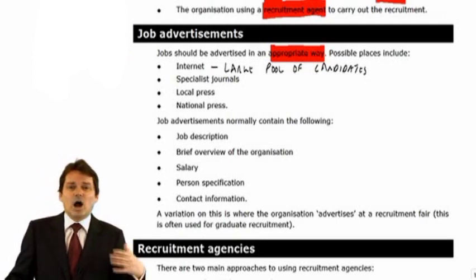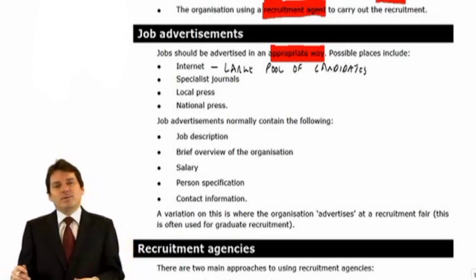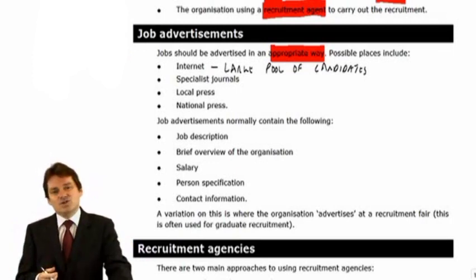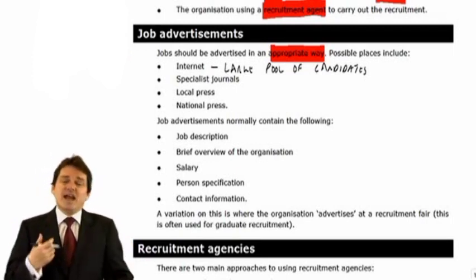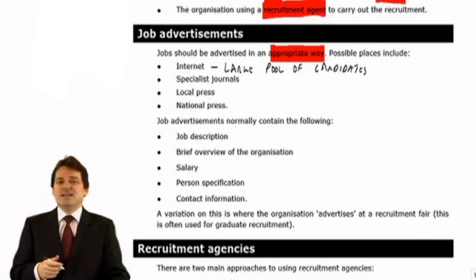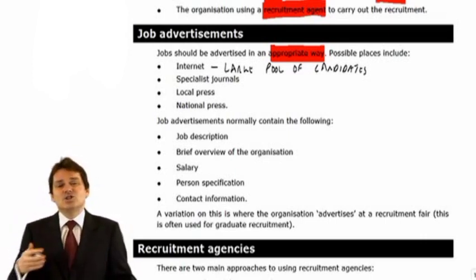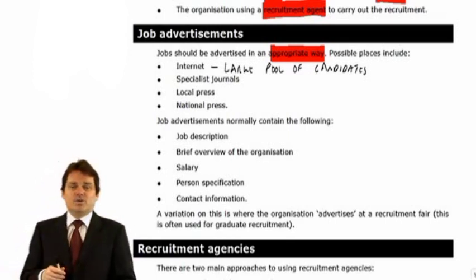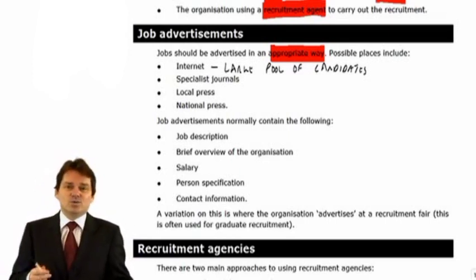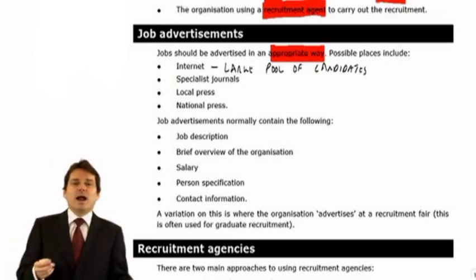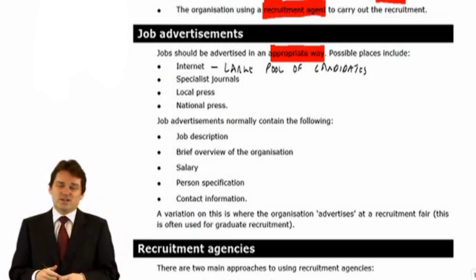So that would obviously open up the number of people who might be interested and the number of good quality candidates that you will get. The downside of advertising on the internet is, in a way, exactly the same. You might get so many candidates applying that it becomes difficult to rule out who are the ones you're interested in and who are the ones you're not going to be as interested in.